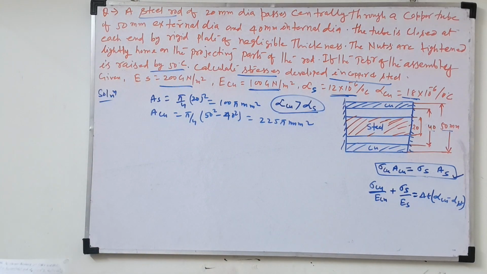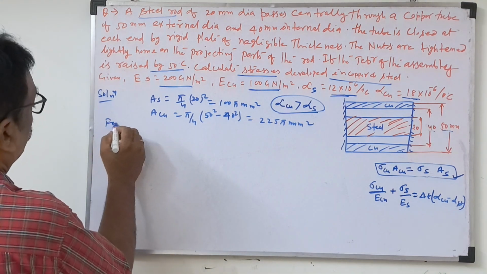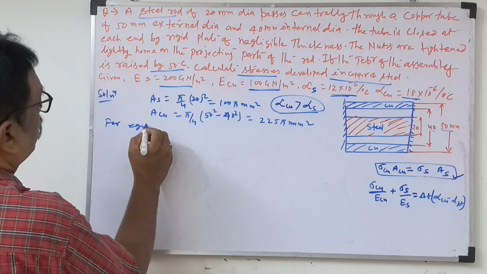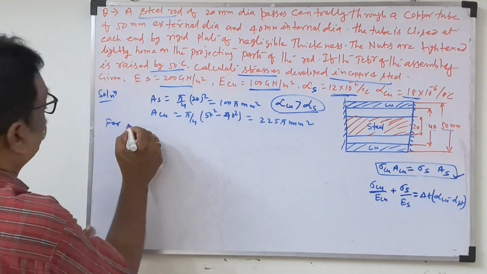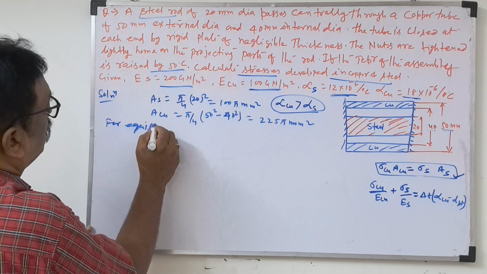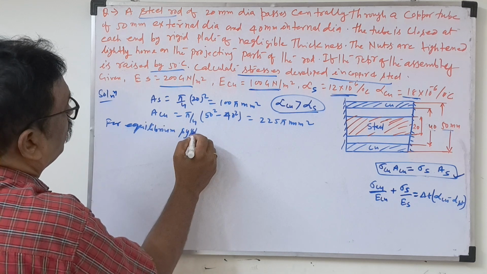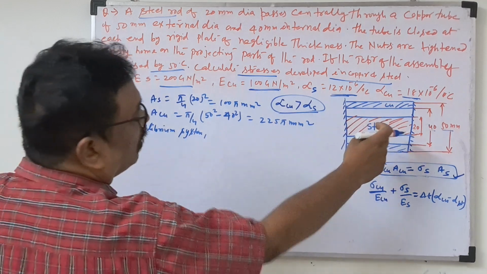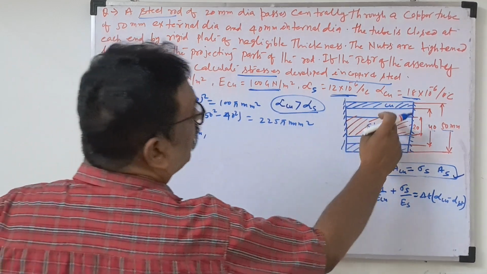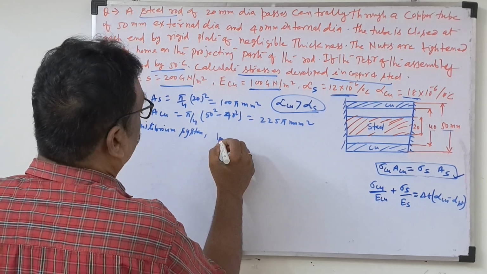I think so. Okay. Now for the equilibrium system, the load of the steel bar will be equal to the load of the copper bar.